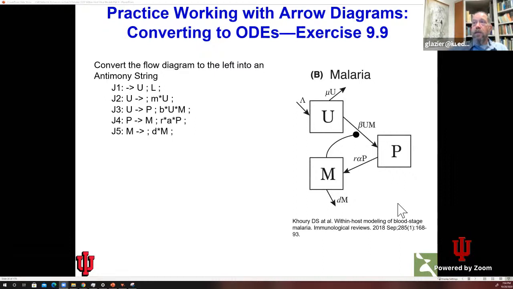Okay. So that's a typo. The next assignment was supposed to be, sorry about the typo, the next thing was to convert them to ODEs. So can you write the equivalent ODEs for this arrow diagram?